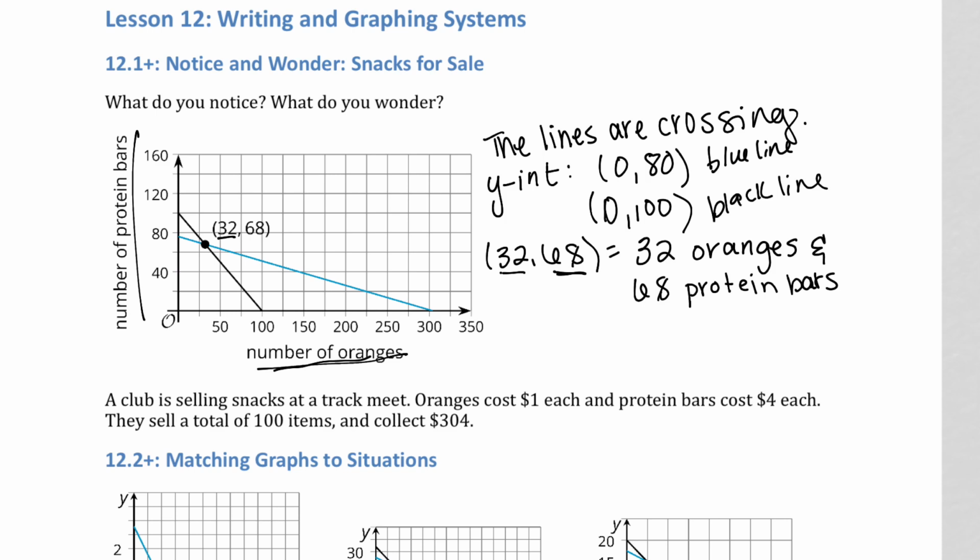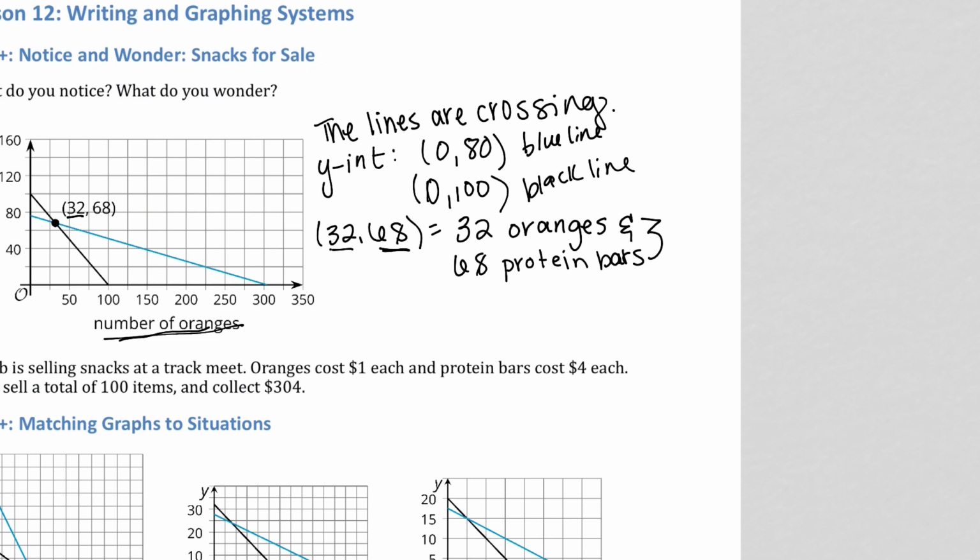How much money do they get? 304. So these, the oranges and the protein bars, will give them $304. Okay?